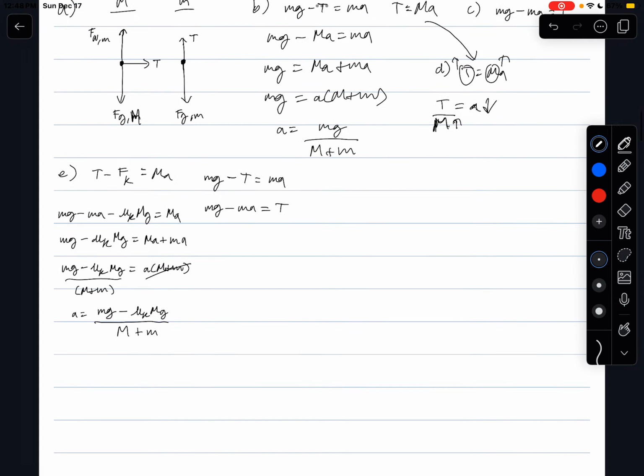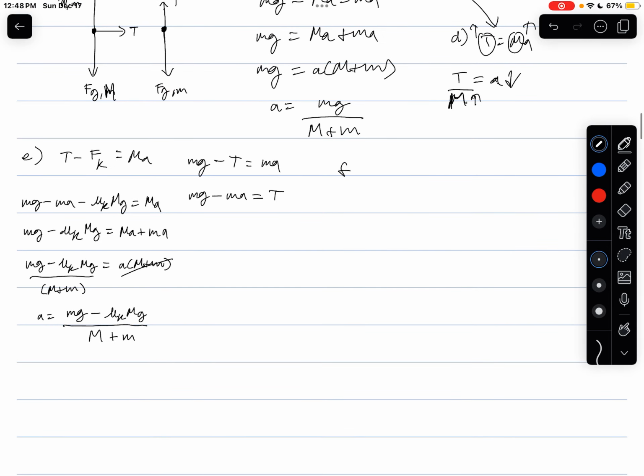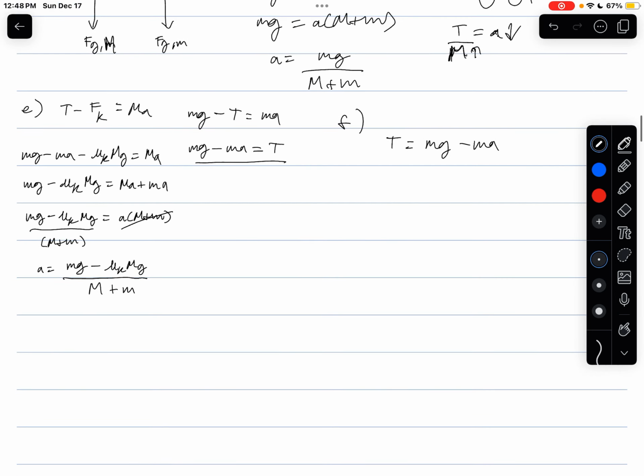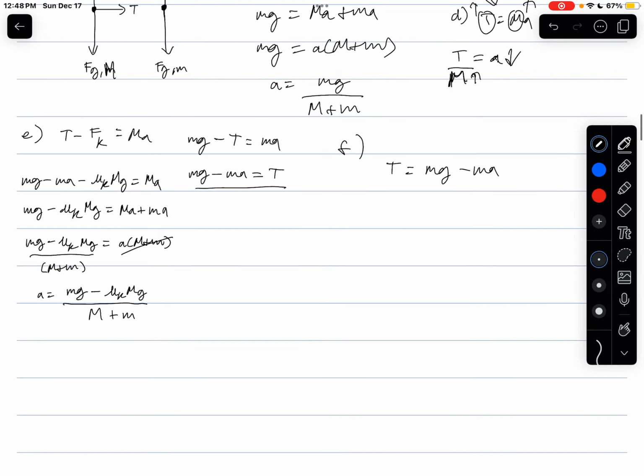So for part F, I'm going to use this equation right here. T equals mg minus ma. Or actually, sorry. It asks for terms of mu k, so I'm going to use that equation.